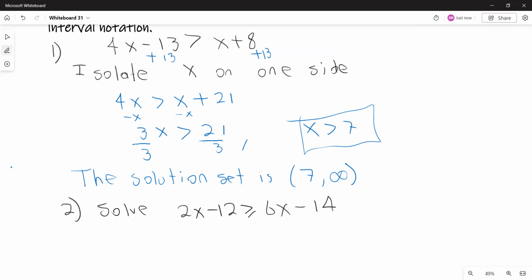So we're going to isolate x on one side of the inequality. So we can add 12 to both sides.